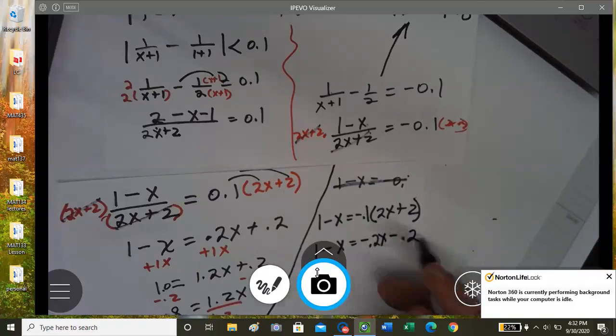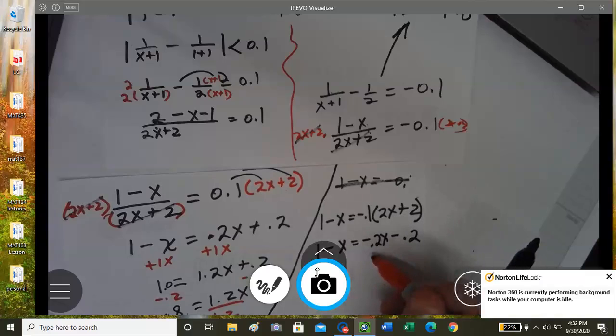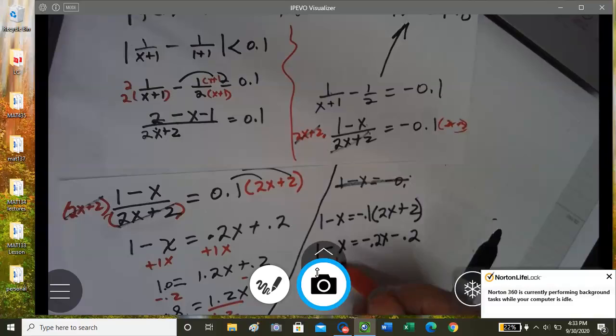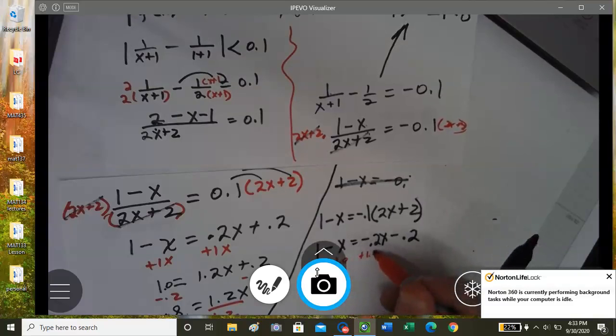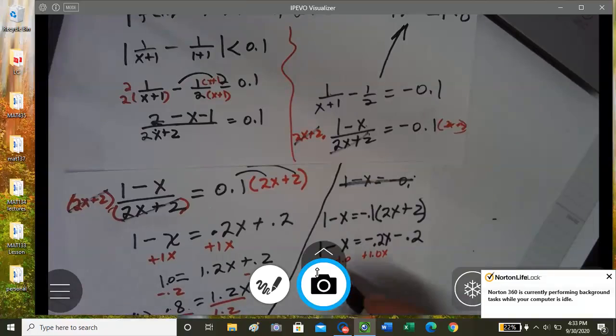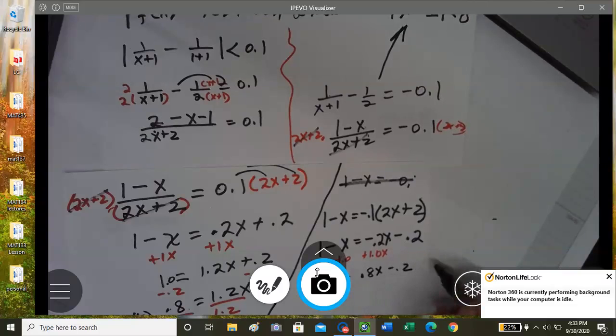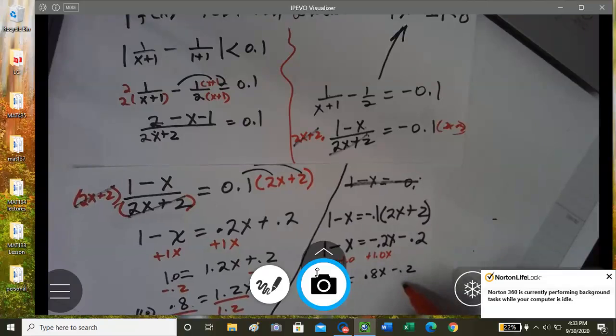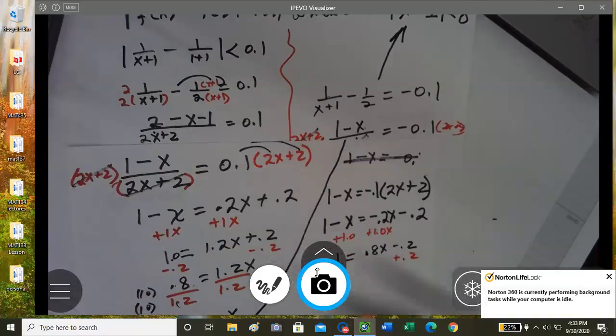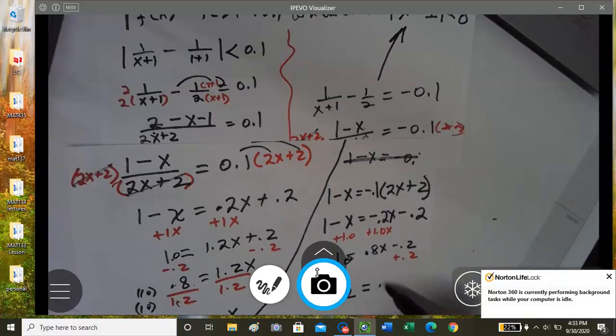Okay, so now we apply plus 1x, 1.0 plus 1.0x. And again, we're going to get 1 equal to 0.8x minus 0.2. So now we're going to apply plus 0.2, plus 0.2. And we get 1.0 plus 0.2 equals 0.8x.